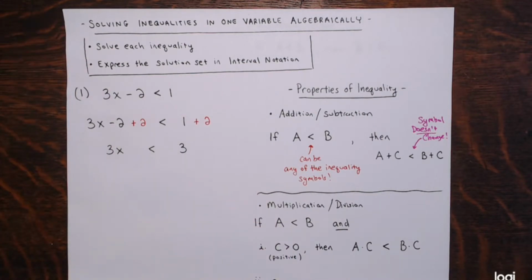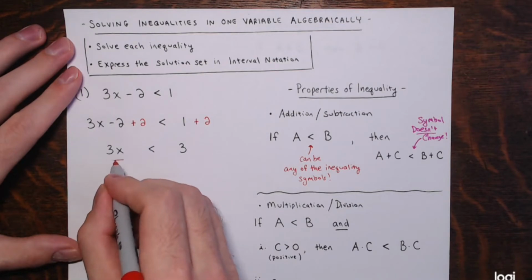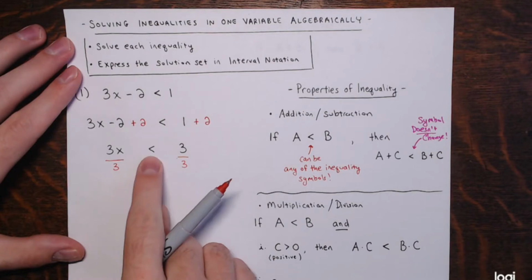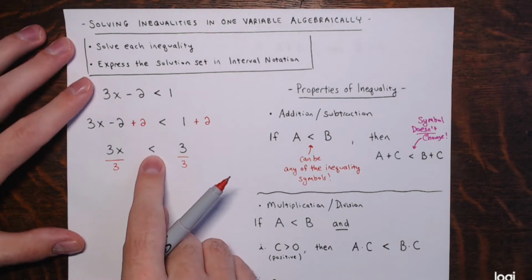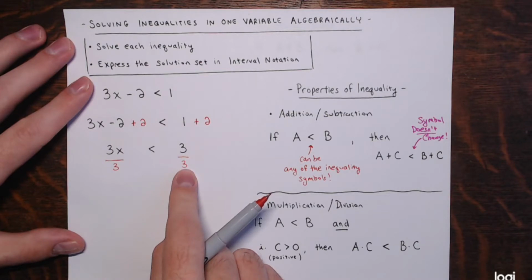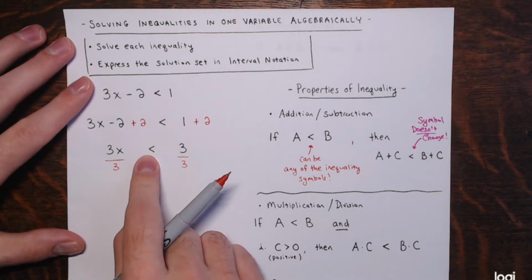And then we're going to multiply both sides by 1/3 or divide both sides by 3. Now again, I didn't change the symbol because I knew I was going to be dividing by a positive number. Dividing both sides by a positive number does not flip the symbol.